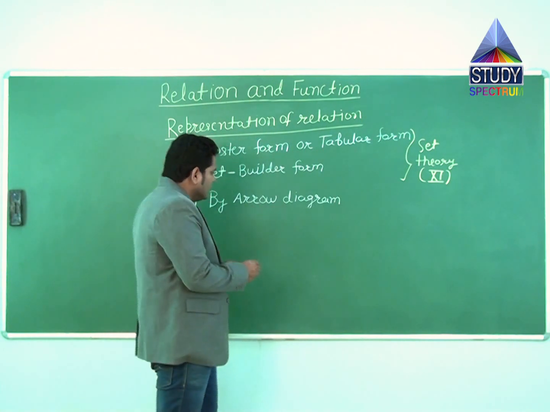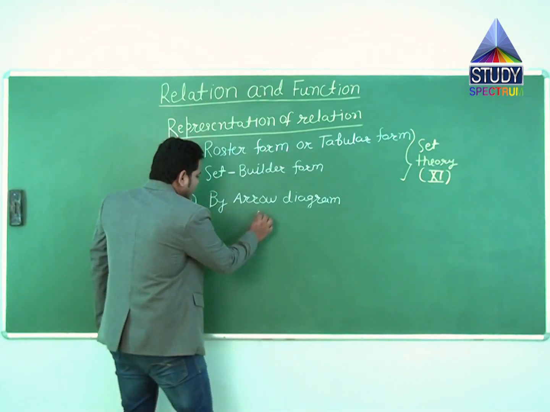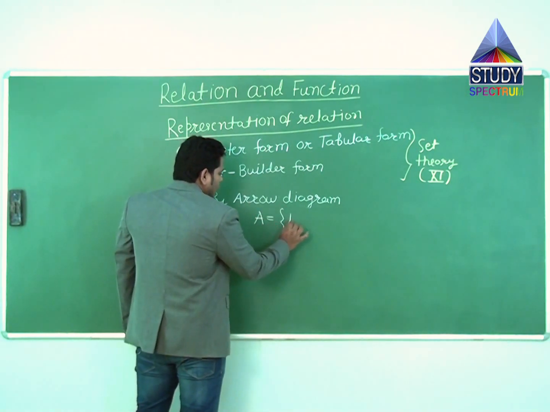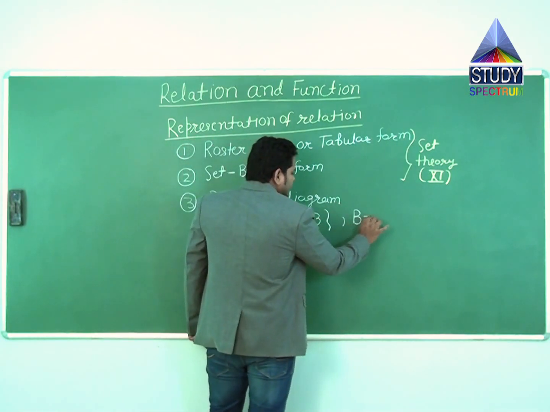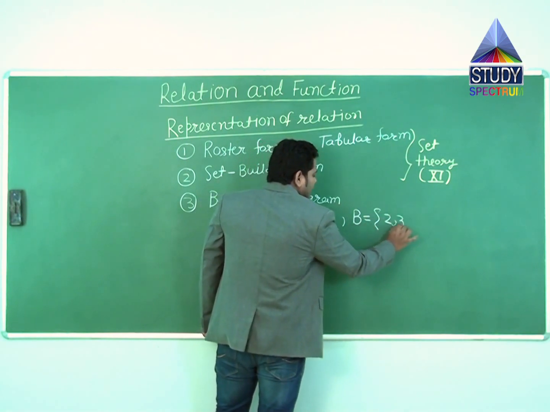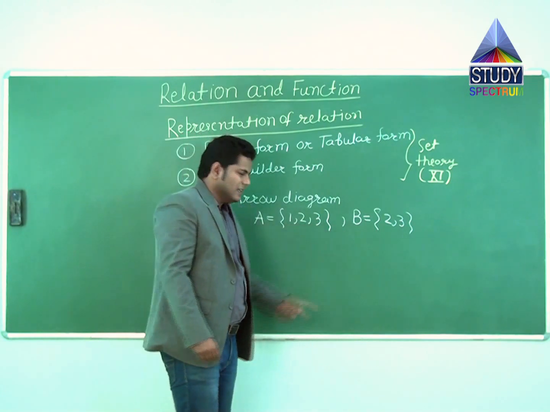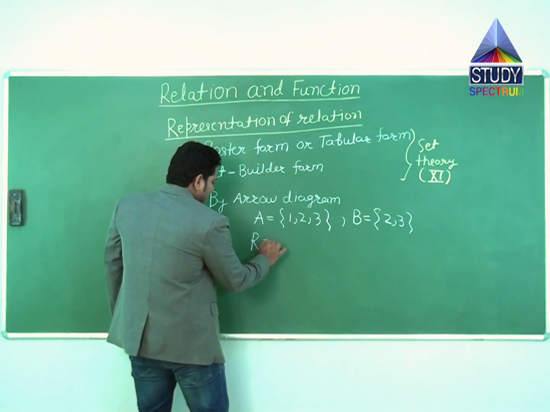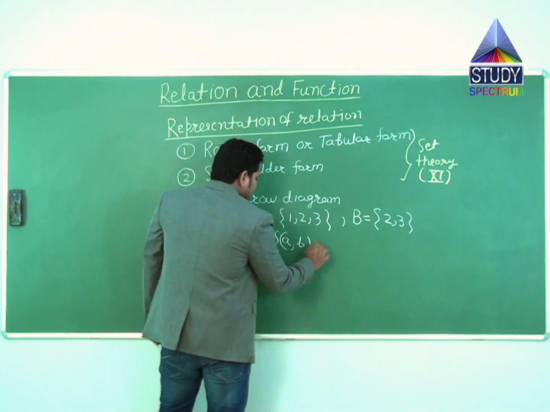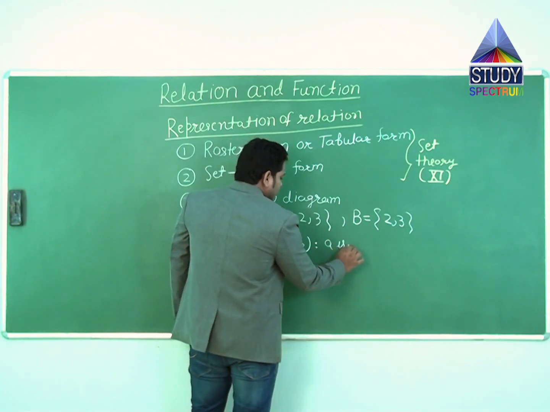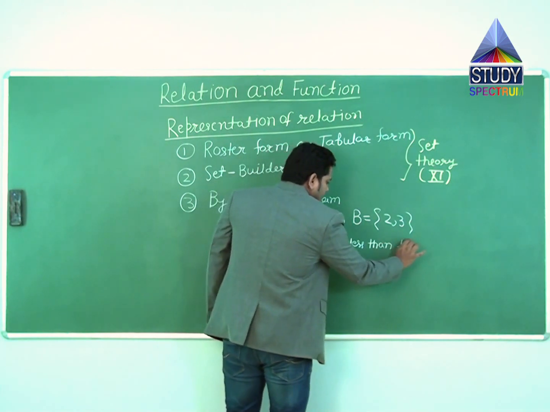We have taken an example earlier that set A is {1, 2, 3} and set B is {2, 3}, and we have defined a relation from set A to set B as (a, b) such that a is less than b.